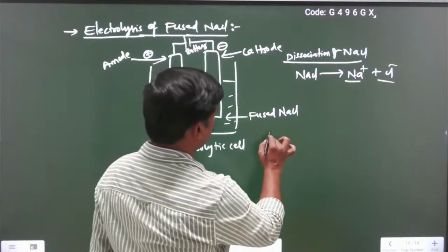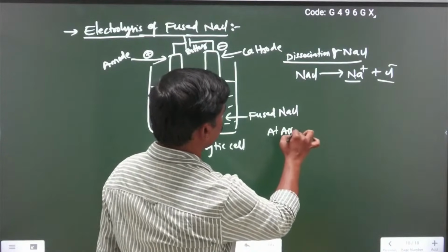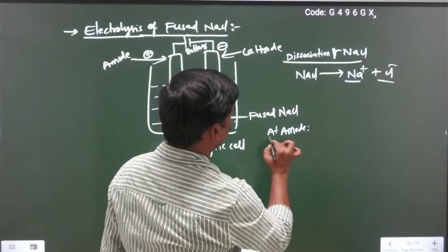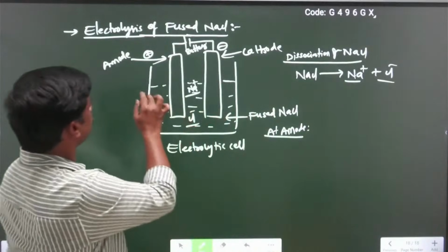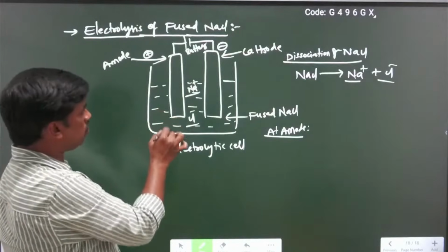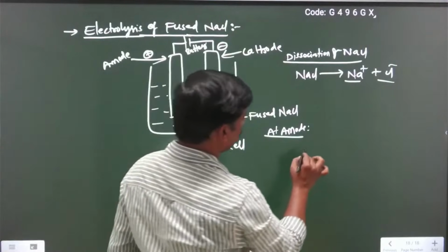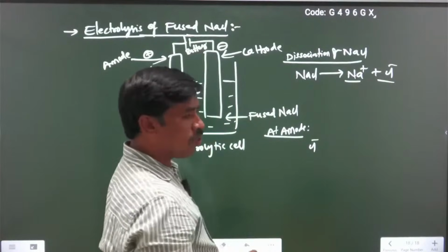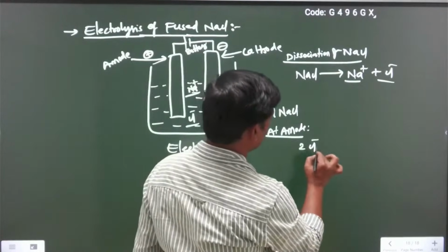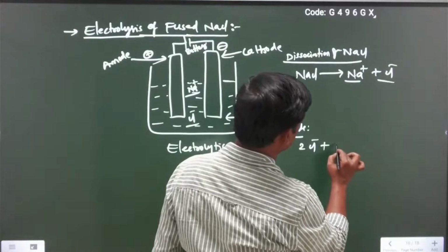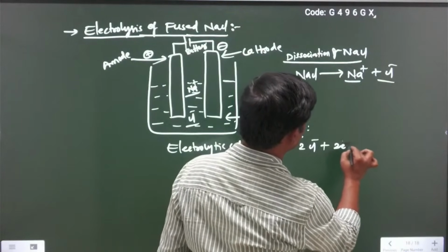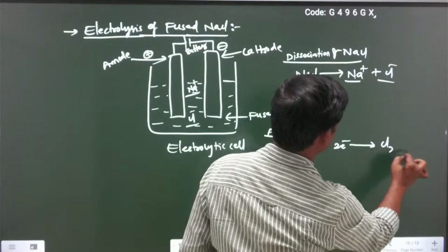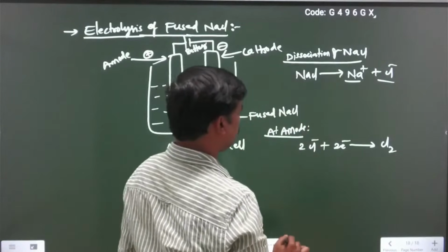At the anode, what is the anode? A positively charged electrode. Here Cl minus undergoes oxidation: 2 moles of Cl minus lose 2 electrons to produce Cl2 gas.